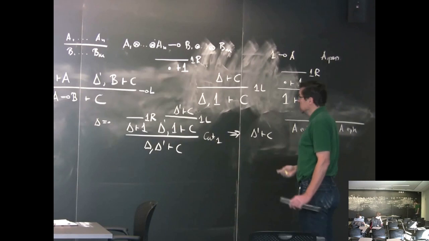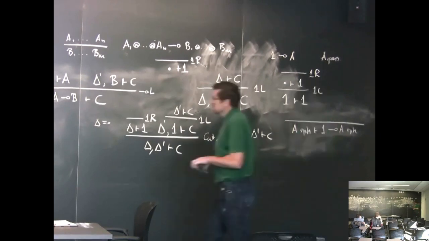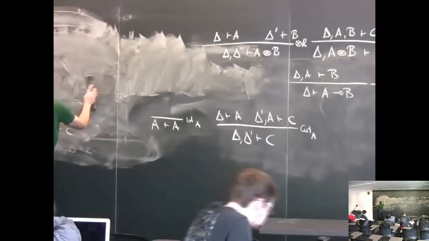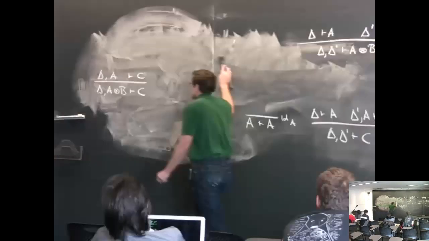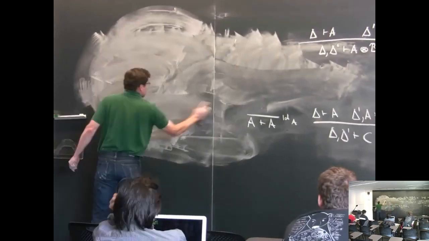Okay, and the other thing we need is some kind of a choice. So let me do choice first. So what does choice actually mean? Okay, keep these rules here. Get rid of this.